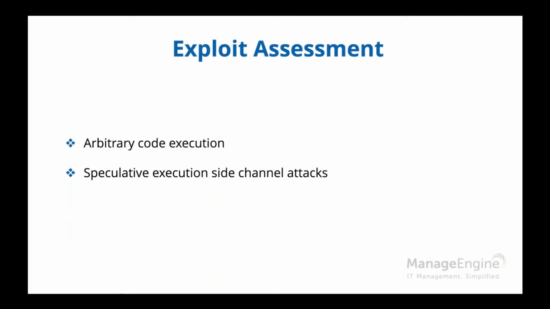The CVEs that are rated critical are CVE-2018-0889 and CVE-2018-0932. 0889 is due to scripting engine memory corruption. 0932 is due to information disclosure. The exploit assessment: arbitrary code execution and speculative execution side channel attacks.